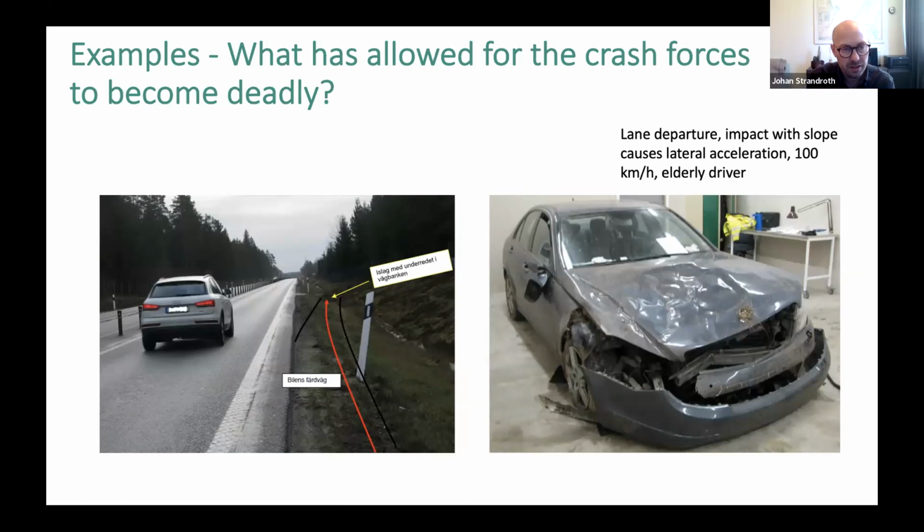It's a 100 kilometers per hour speed limit, but there's an elderly driver, and we can see on the vehicle that the crash is not that severe, but the injury mechanism was still that aorta eruption. So obviously the acceleration was still too high for this with elderly.